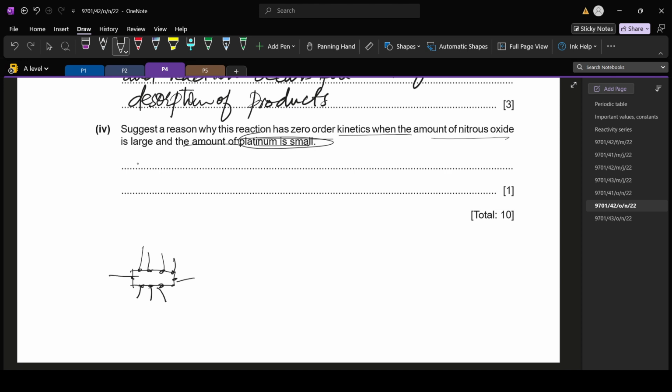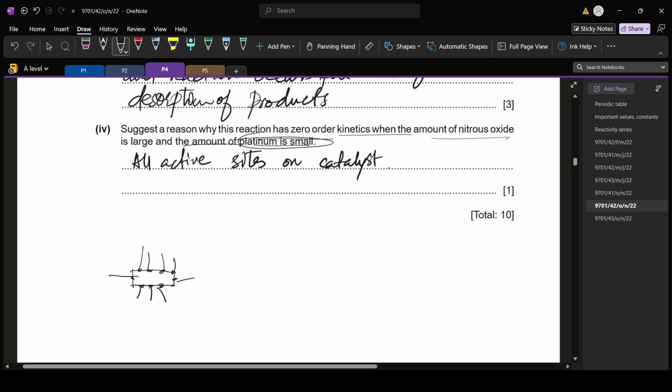So you can say that all active sites on the catalyst surface are occupied.